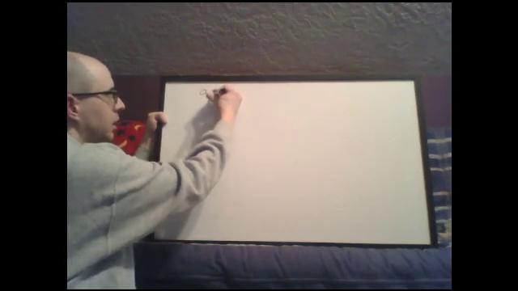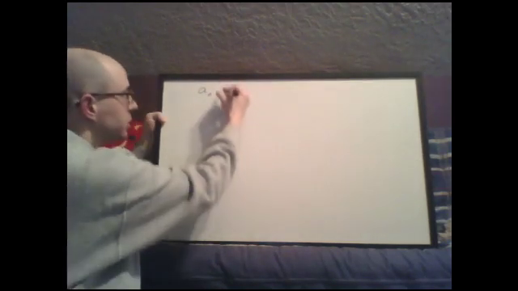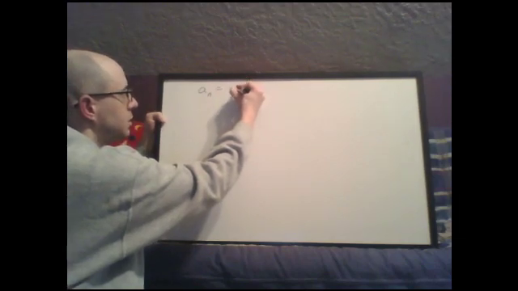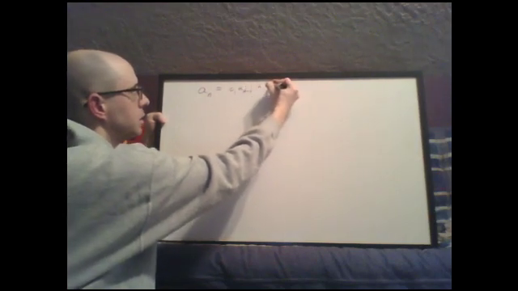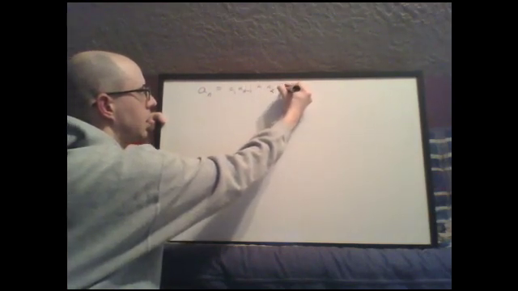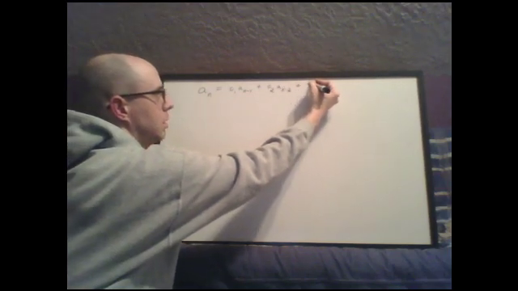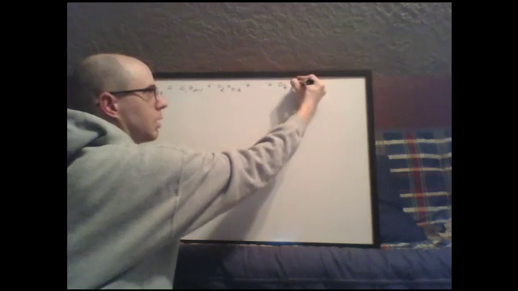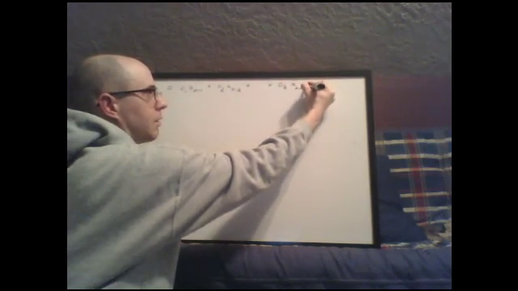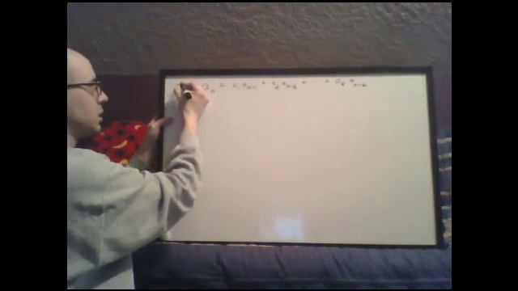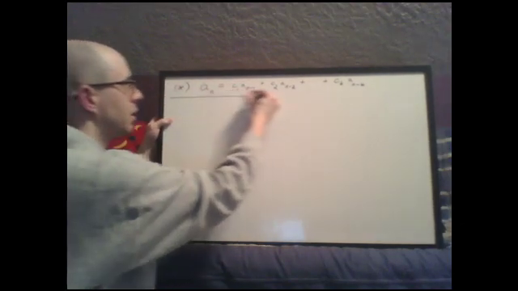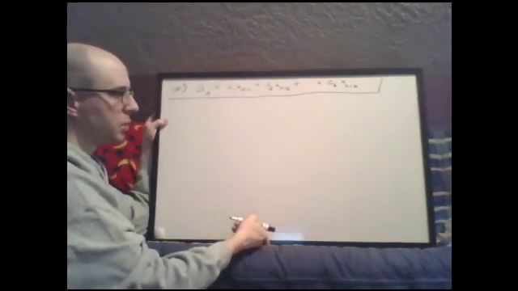So let's write one of the generic recurrences. a_n equals c_1 a_{n-1} plus c_2 a_{n-2} all the way up to c_k a_{n-k}. So this is going to be our recurrence. Let me label it star. And I'll keep that around as we go.